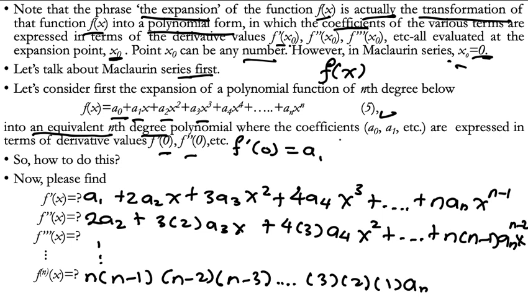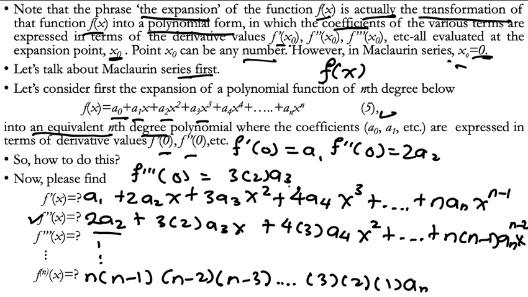Then we have f double prime 0 equals 2a2, because for the second one, x becomes 0 and we are left with this coefficient. And so on and so forth. f triple prime 0 equals 3 times 2 a3, and so on.